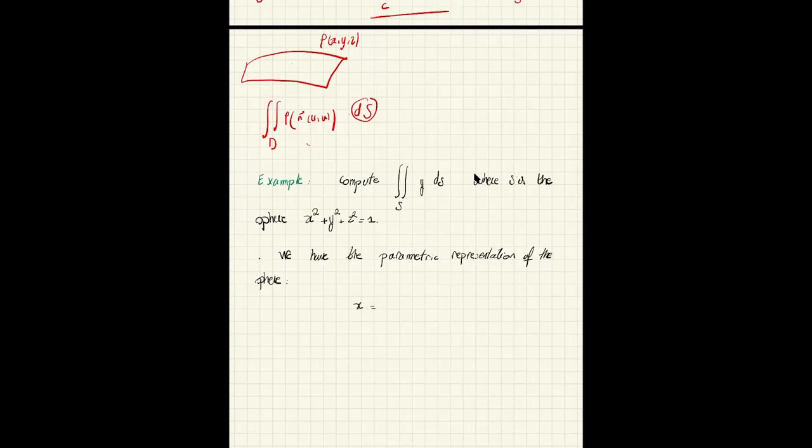So now the radius is 1. x is equal to sine phi cos theta, y is equal to sine phi sine theta, and z is equal to cos phi.